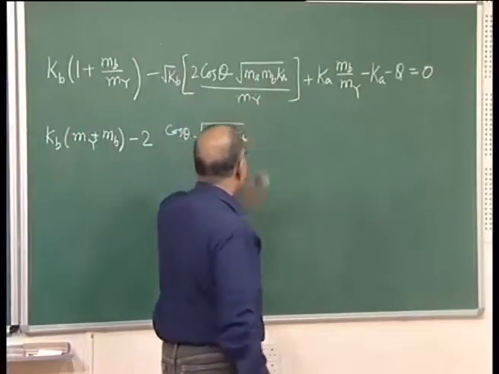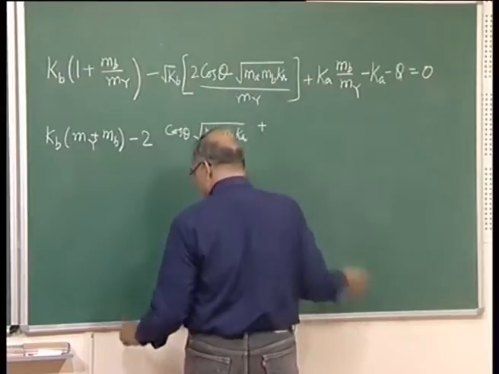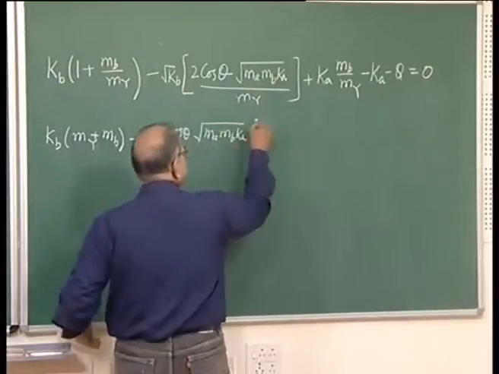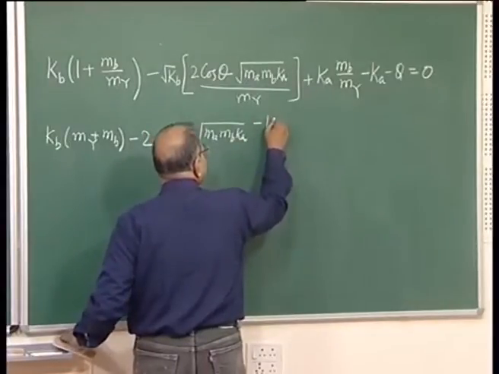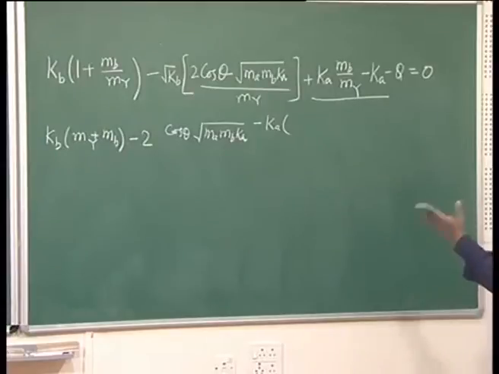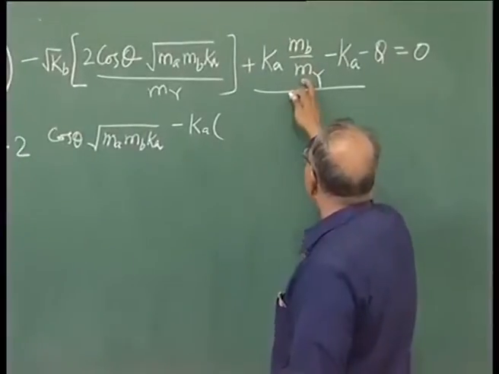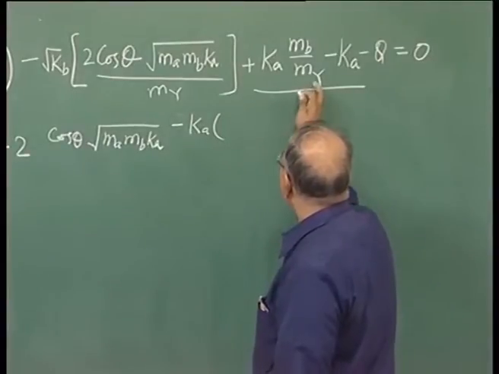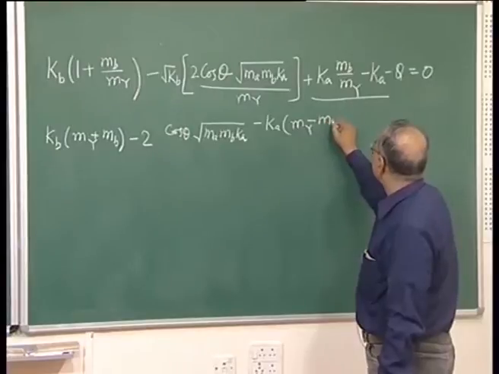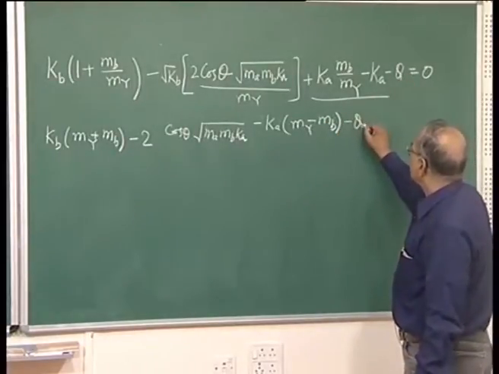This My I have already multiplied, then plus or minus, write it as minus Ka taken common from these two terms. So, minus Ka taken common, it will be 1 minus Mb by My, and I am multiplying by My. So, it will be My minus Mb here, and then this minus Q is equal to 0.